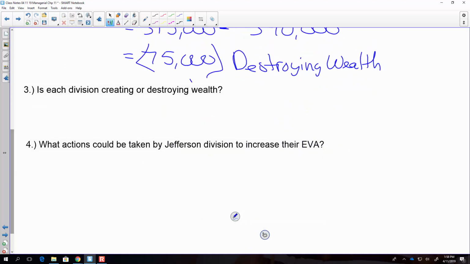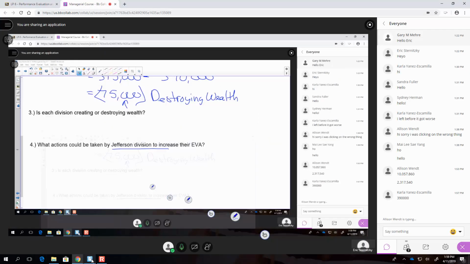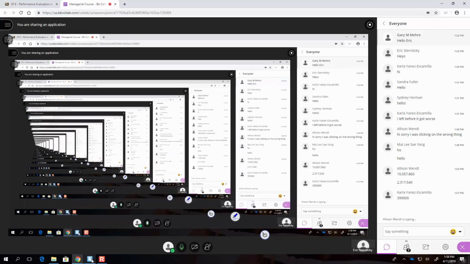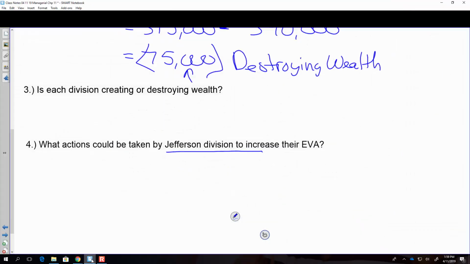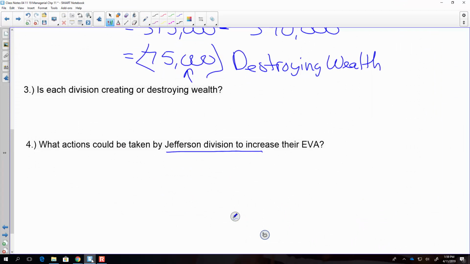How do you improve this to get to a positive number? What is one way we can make our EVA better? I talked a little bit about it beforehand. Anybody at home? Very good, Allison, from the bank world. Yes, we can find a lower interest rate. That's certainly something I would do.